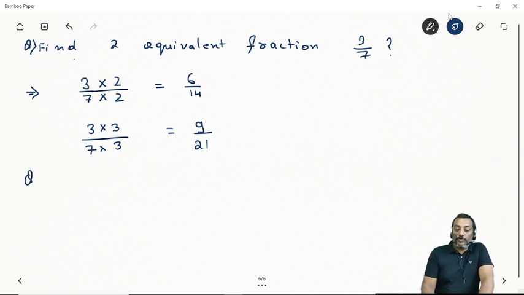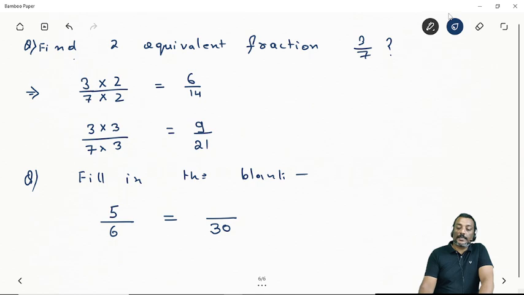Similarly, sometimes you will get a fill in the blanks question. Suppose I have given a fraction 5 over a blank, and here it is given 30.